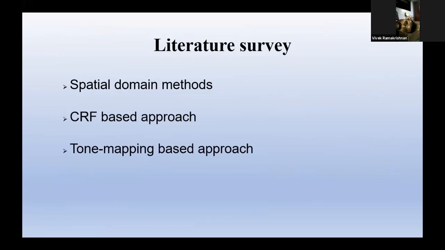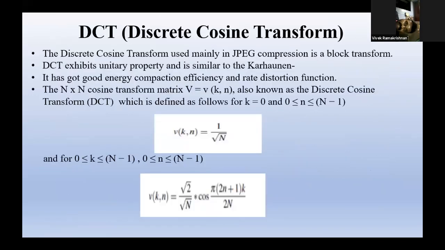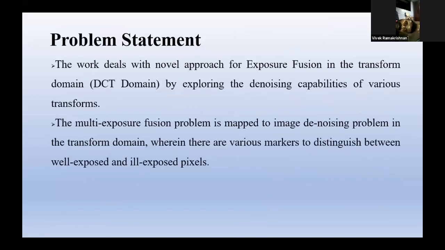So now the problem statement is basically stating that the work deals with a novel approach for the exposure fusion in the transform domain, that is, the DCT domain, by exploring the denoising capabilities of the various transforms. And the multiple exposure fusion problem is mapped to the image denoising problem in the transform domain, where there are various markers to distinguish between the well exposed and the ill exposed pixels.